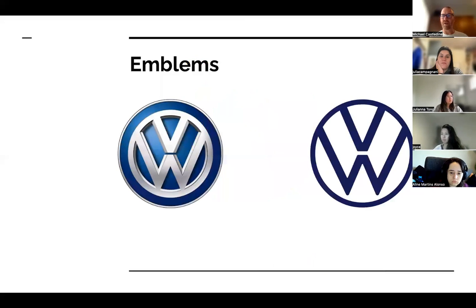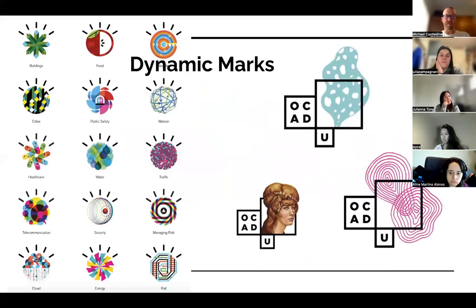Emblems. These are the trademarks, right? The shapes that are directly connected to the name of the organization. And Volkswagen pivoted to simplify their emblem because they're going more into the digital age. And this one's fun. It's called the dynamic mark. This is where IBM had some fun. IBM Watson has multiple facets and goes into a lot of different industries, so they needed to create a set of icons for their different departments.